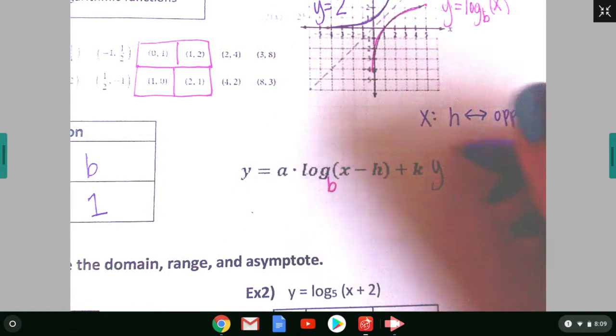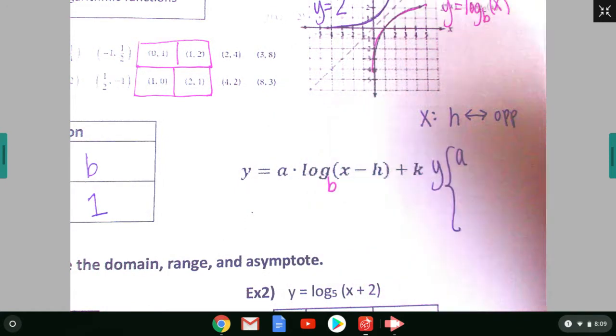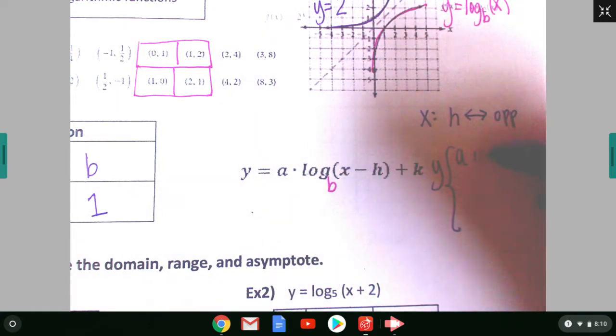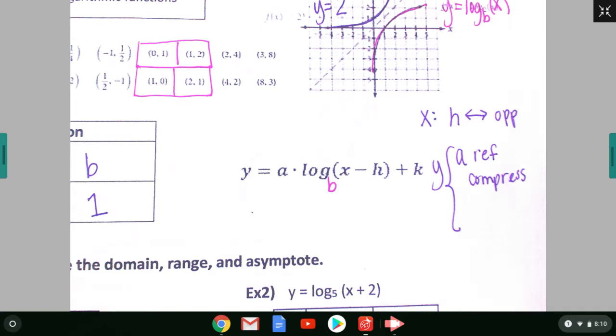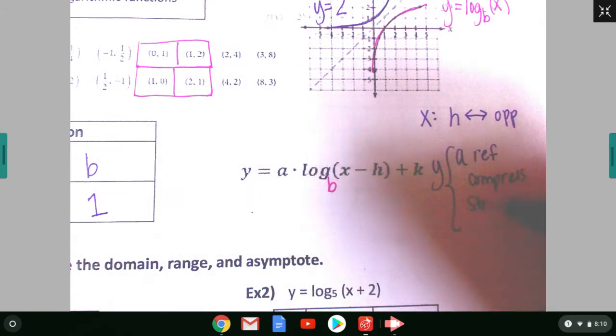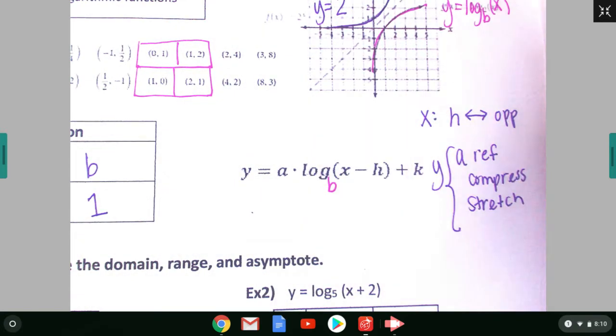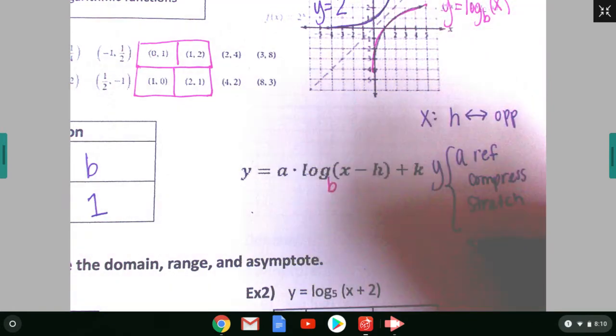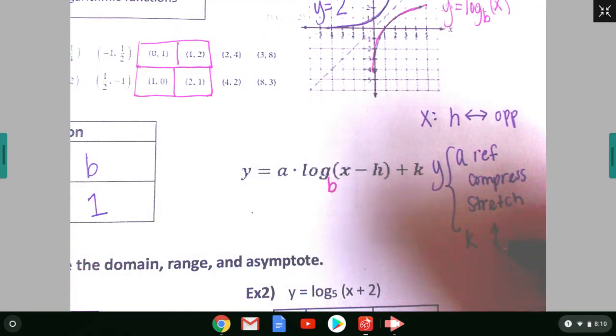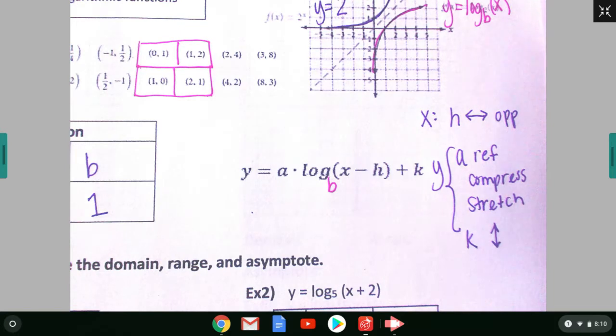The y is affected by a, where a can be a reflection or a compression or a stretch. And then also it can be affected by k, which is an up-down. So these are the same things that we've been dealing with before.